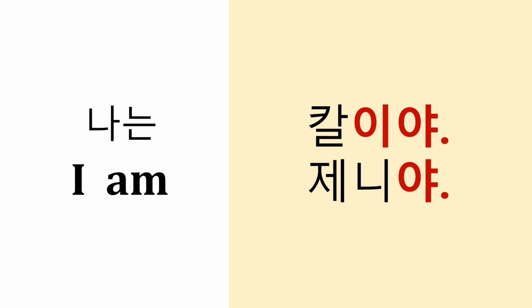Because Carl has 받침, you would add an extra 이응, so it becomes 칼이야. Think of it this way. Say that you would say 야 for Carl also. It will be 칼야. It's a bit complicated, right? So to make it a bit smoother, we say 칼이야.